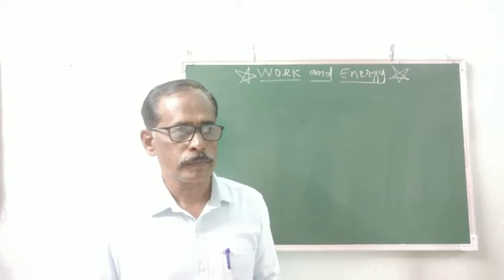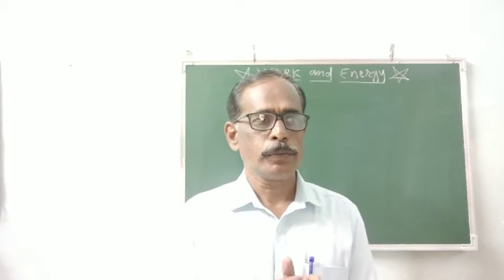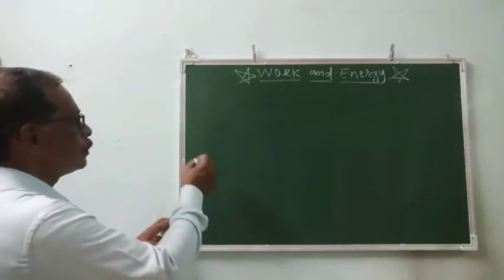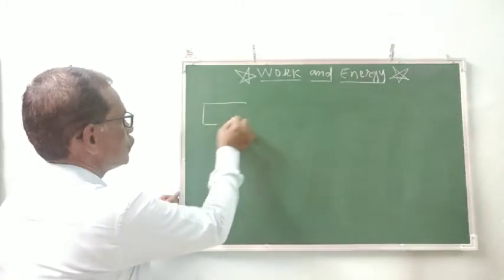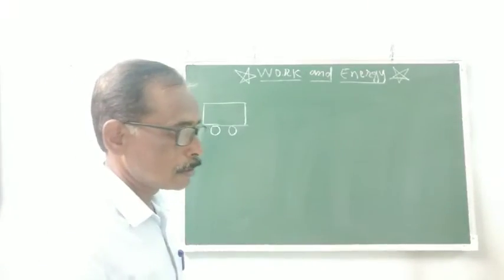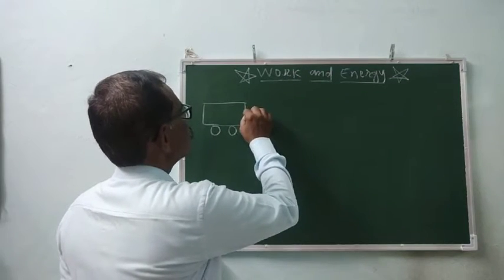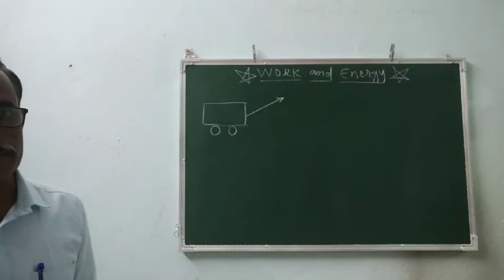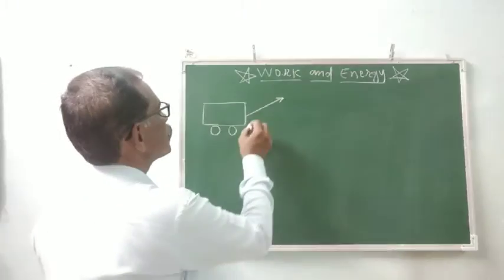We know that when a child pulls a toy car, suppose it is a toy car, the child ties a string and applies a force in the direction of that string, but the displacement is not in this direction.